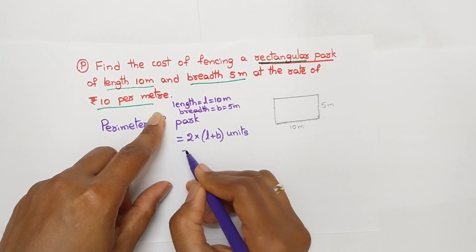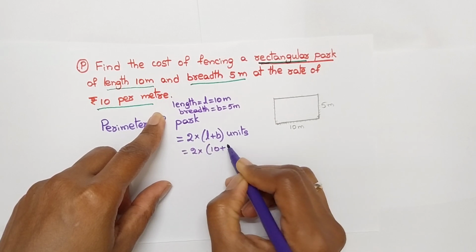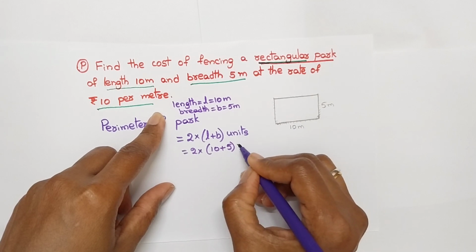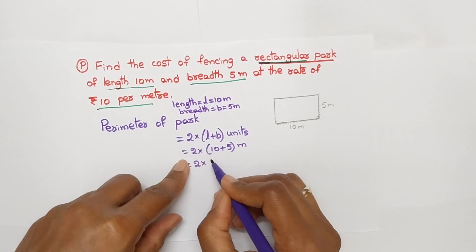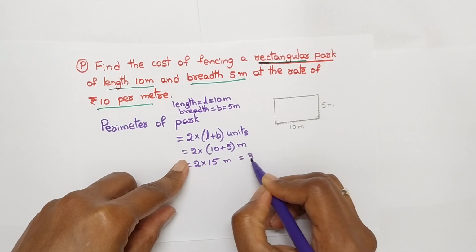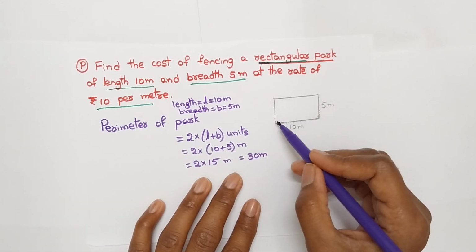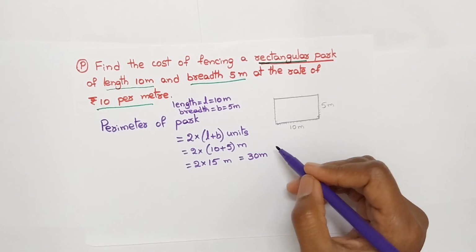So in place of L and B we put 10 plus 5, with units in meters. So 2 into (10 plus 5), 15 meters, that equals 30 meters. The length of the edges of the park is 30 meters.